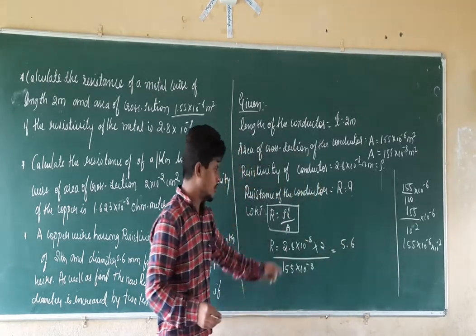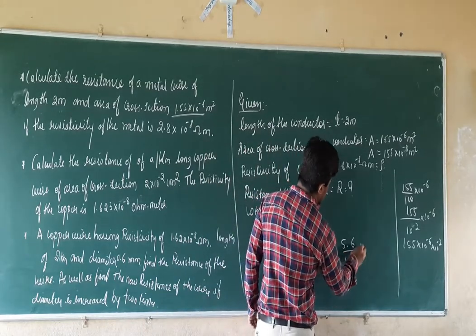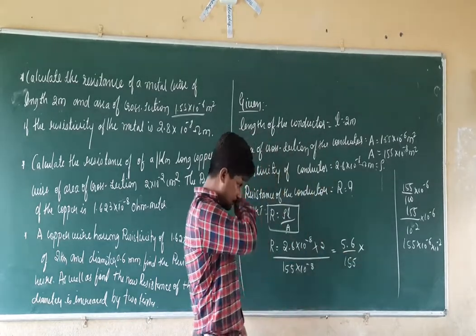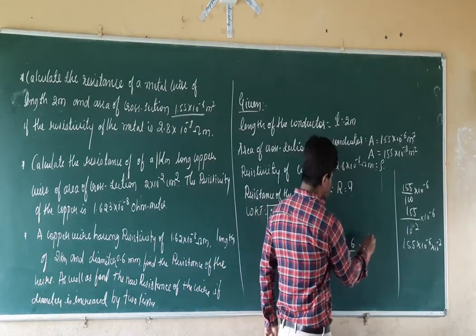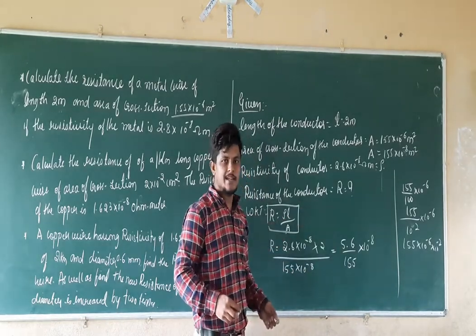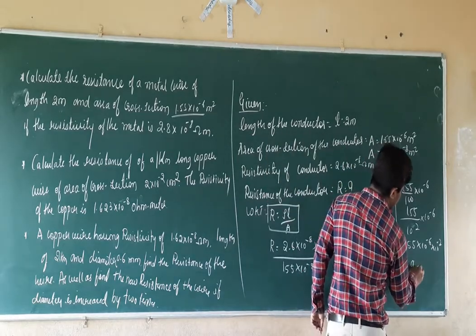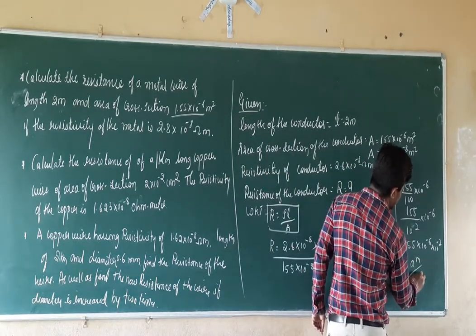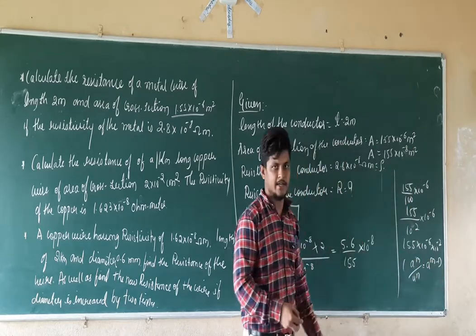It is equal to 5.6 divided by 155 into 10 raised to minus 8. The 10 raised to minus 8 in the denominator goes to the numerator. A raised to m divided by A raised to n is equal to A raised to m minus n.